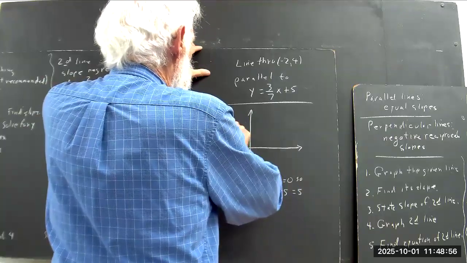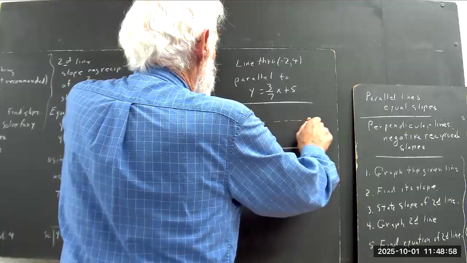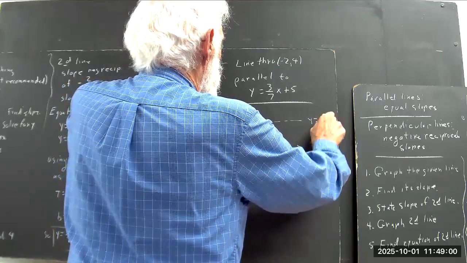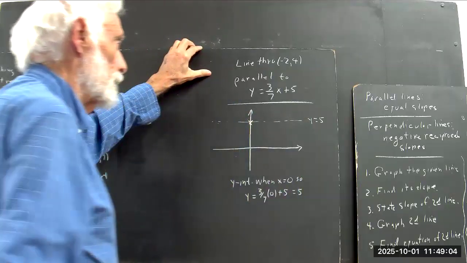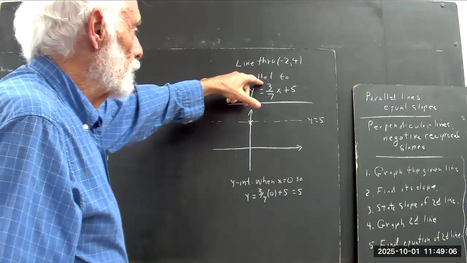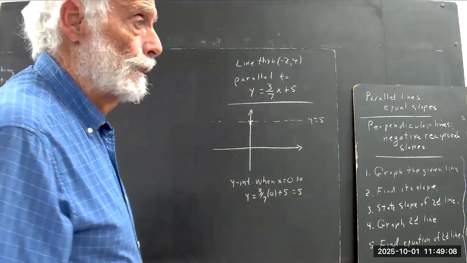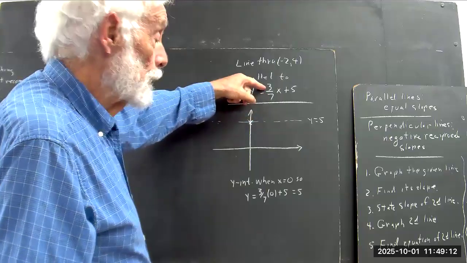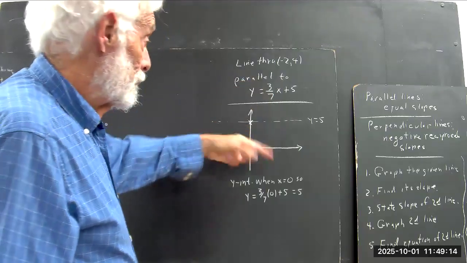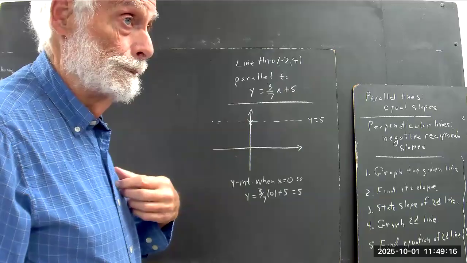So y equals 5 at the y-intercept. Here's the y-intercept. The slope is 3/7. What does that mean? It means if you do a run of 7 and a rise of 3, you get a point on the line.